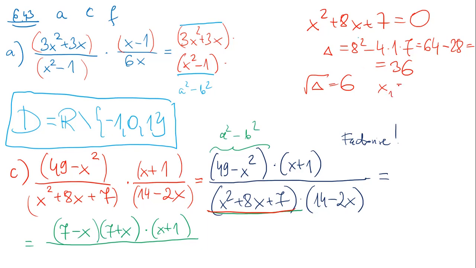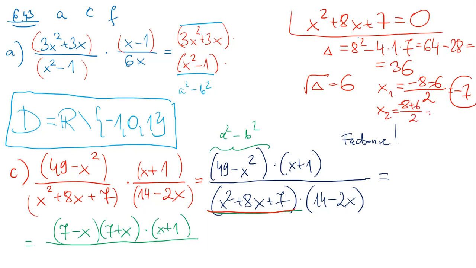So we get x1 is negative b, so it's minus 8 minus 6 divided by 2. So it's negative 14 divided by 2, so it's negative 7. Right? And x2 is minus 8 plus 6 divided by 2, so it's negative 2 by 2. It's negative 1.